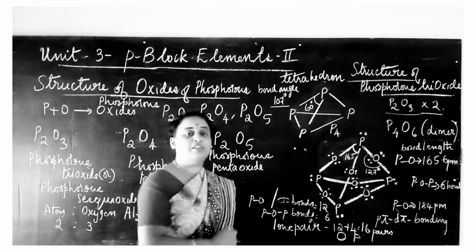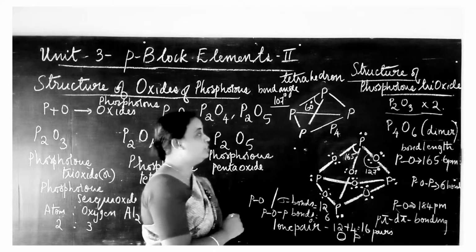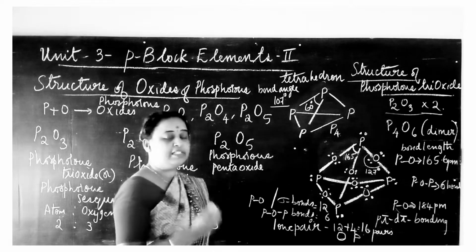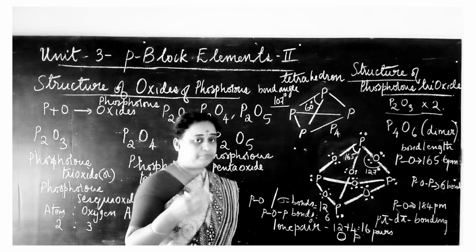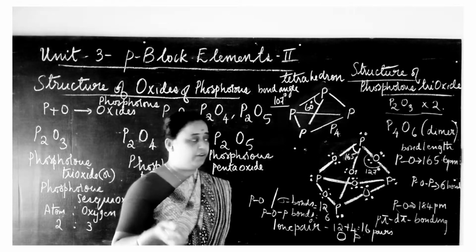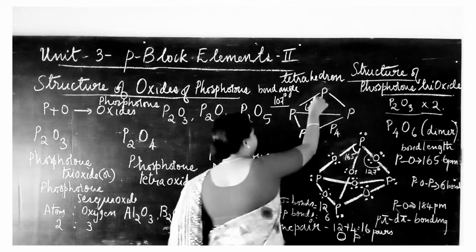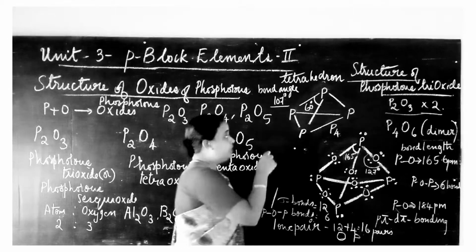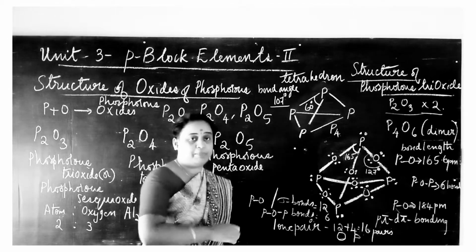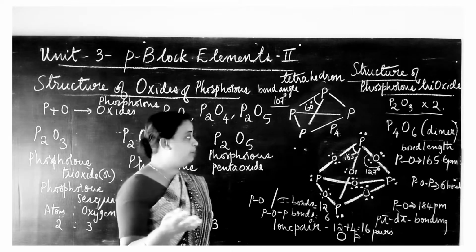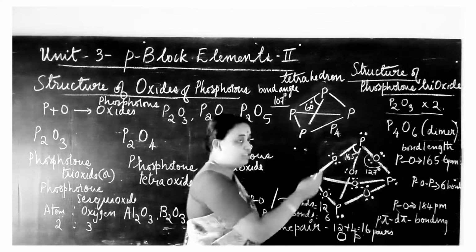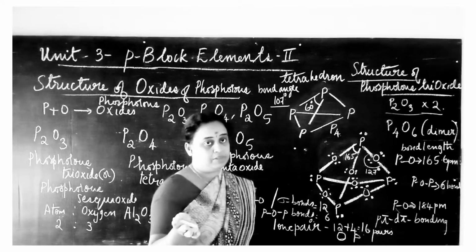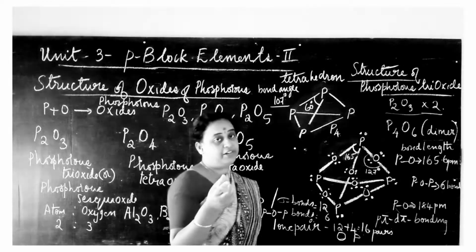This is the reason for the high reactiveness of phosphorus. Because it is highly reactive and unstable, in order to become more stable it combines with other atoms like oxygen and forms compounds, and its stability is retained there.